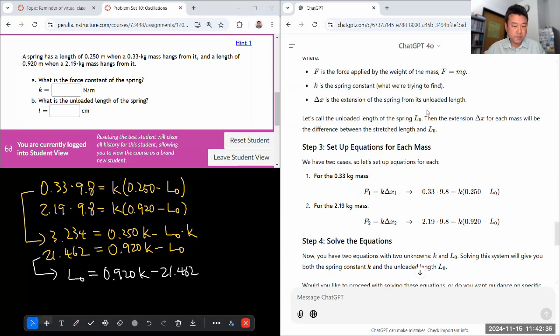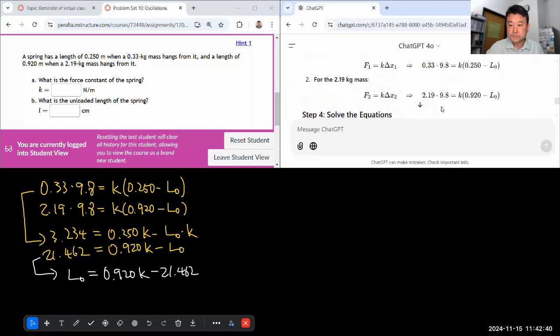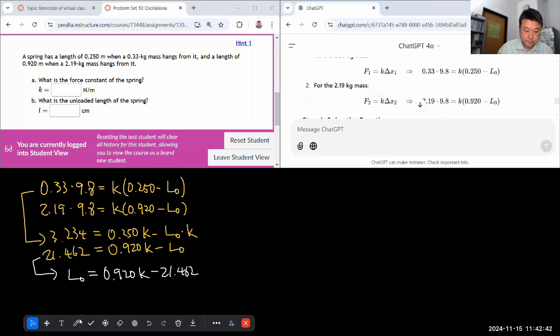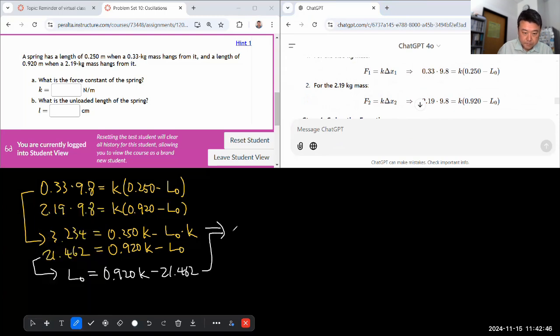Let me just make a little more space here. I have 3.234 is equal to 0.250k minus, and then this thing here.